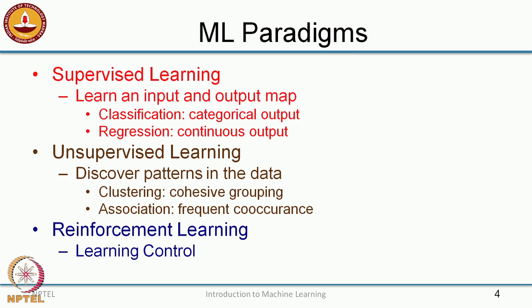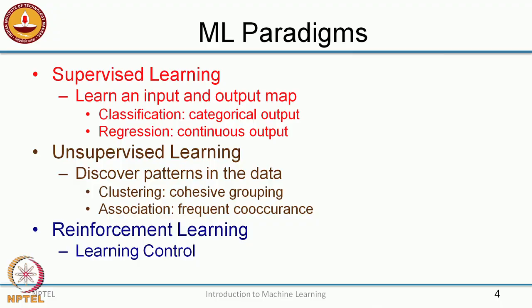And if the output happens to be a continuous value, like how long will this product last before it fails, or what is the expected rainfall tomorrow, these kinds of problems would be called regression problems. These are supervised learning problems where the output is a continuous value. So, we will look at classification and regression in more detail as we go on.